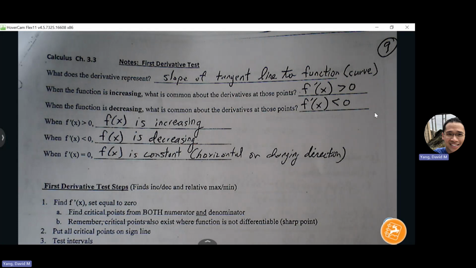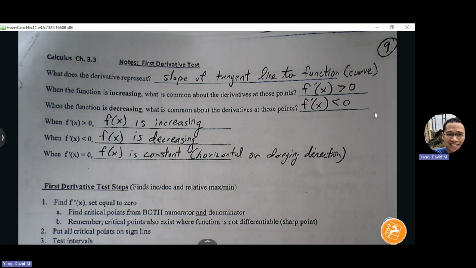And we always read the graph from left to right, and we always associate slope from left to right. But when the function is decreasing, what's common about the derivatives at those points? F prime is going to be less than 0. When f prime is greater than 0, the function is increasing. When f prime is less than 0, the function is decreasing.